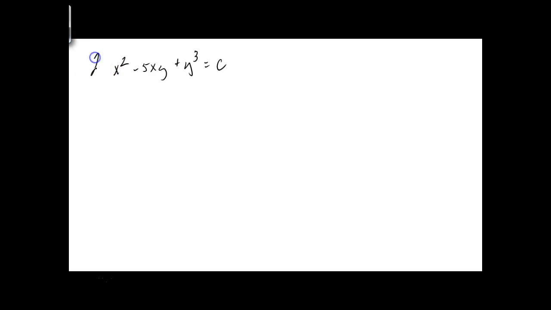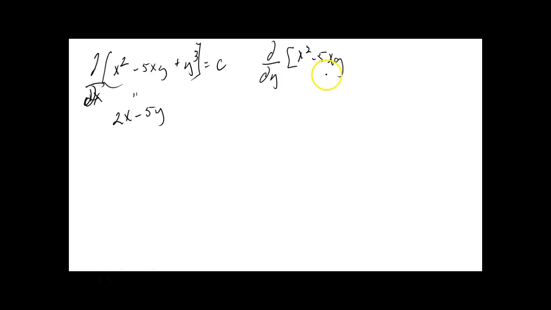What is the partial of this thing with respect to x? 2x minus 5y. Perfect. Now do the partial of that same thing with respect to y. Minus 5x plus 3y squared.